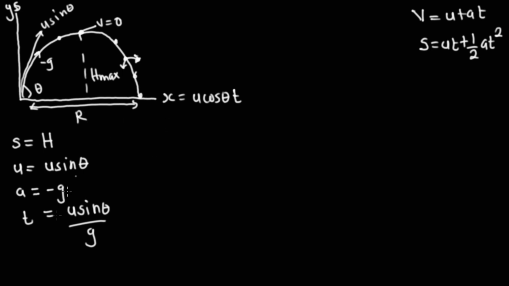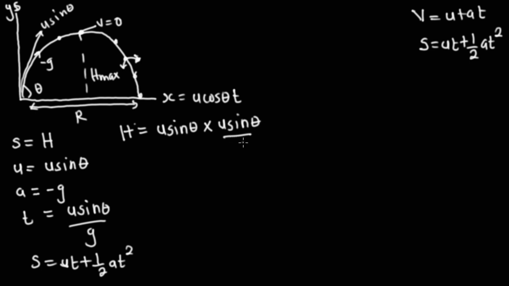Now doing the plugin using the equation s equals ut plus half at squared. This is what we're going to have. When we see s, we put h is equal to u sine theta multiplied by t, which is u sine theta over g, minus half g multiplied by u sine theta over g.